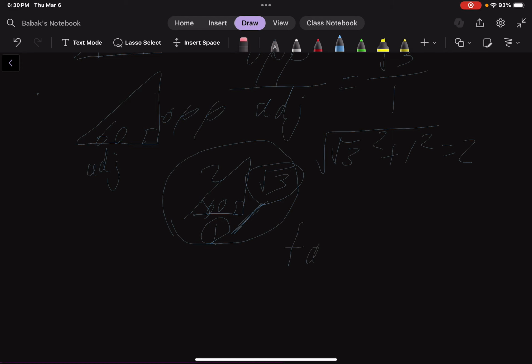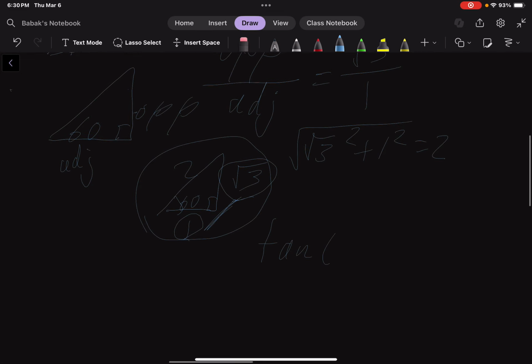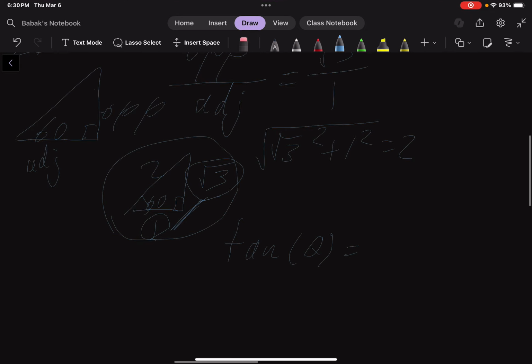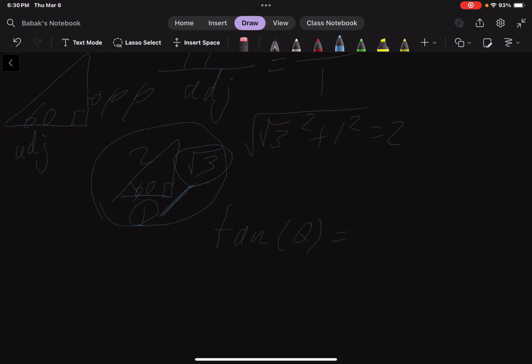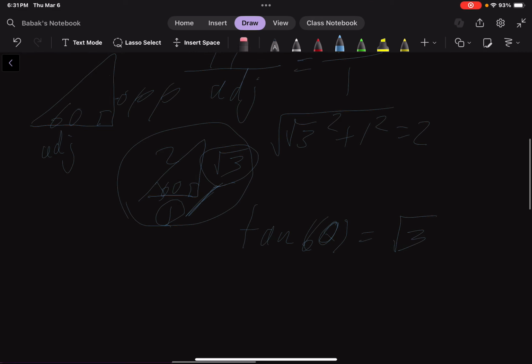Tan of theta, theta being the angle, is always equal to the aforementioned ratio. So the tan of 60 in this case is always equal to root 3. And we know that that is the ratio from now on.